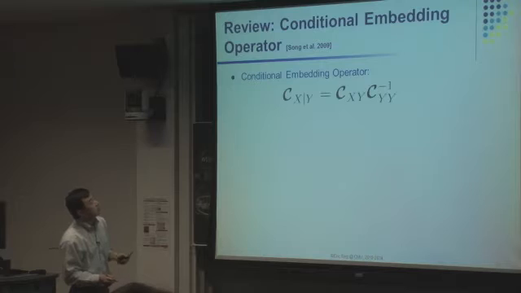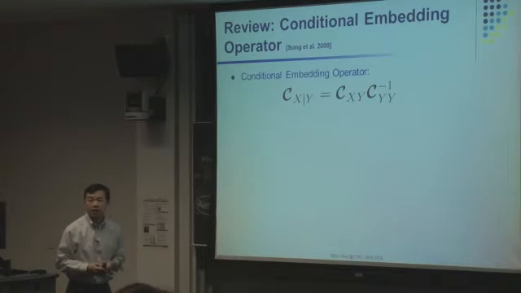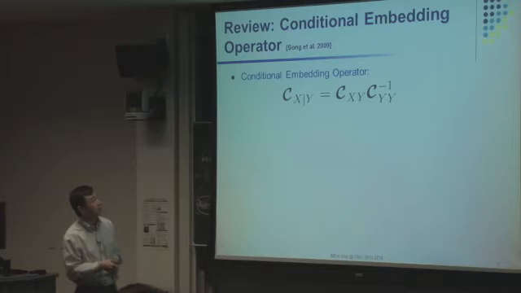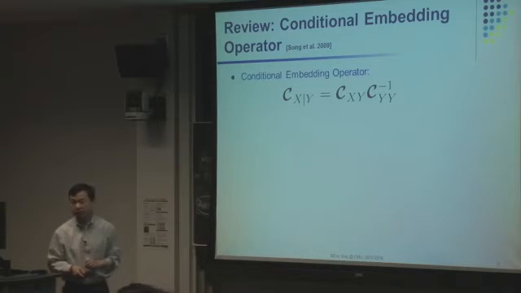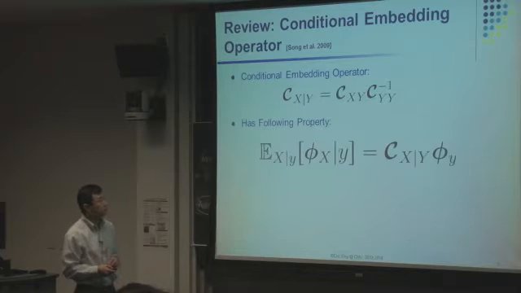And then you can use these two operators in a compound way to have what we call a conditional embedding operator, which gives you an operation on functions that is similar to what a conditional distribution would do. For example, this operator has the following property.